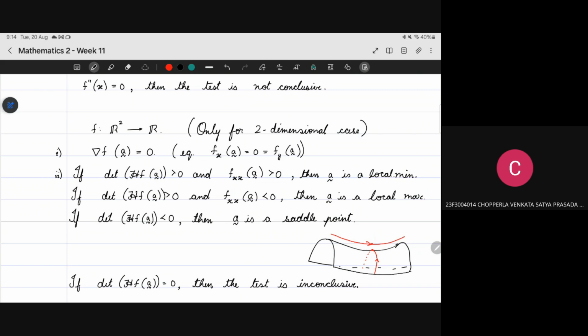Now, why, Sir, is this only? You mean the Hessian matrix, sir? No, the second derivative test using the Hessian matrix, as in these conditions, like the determinant of the Hessian is greater than zero and the first entry is positive, then A is a local minimum.